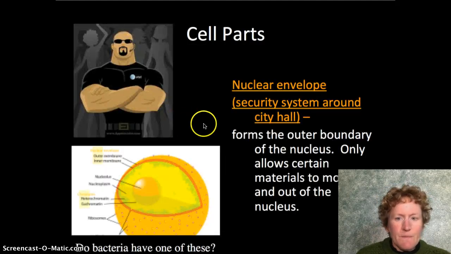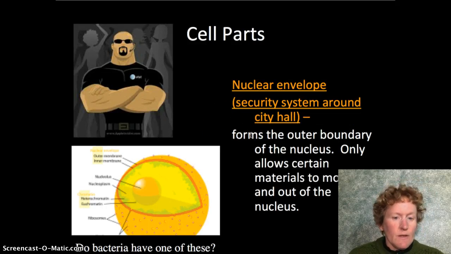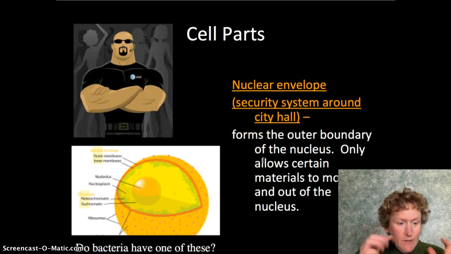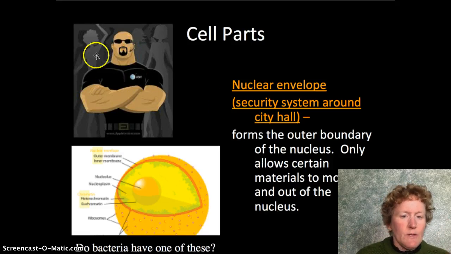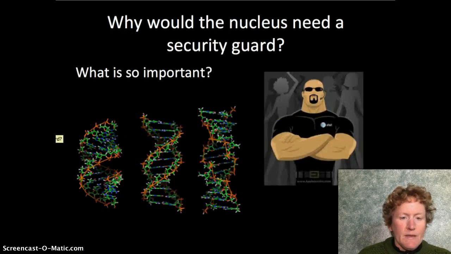The nucleus has a security system around it called the nuclear envelope, and that's part of the nucleus, which is an organelle. It forms the outer boundary of the nucleus. It only allows certain materials to move in and out of the nucleus. And the reason that the nucleus is so important that it needs a nuclear membrane, basically a security guard like this guy, is that it contains something very, very important.